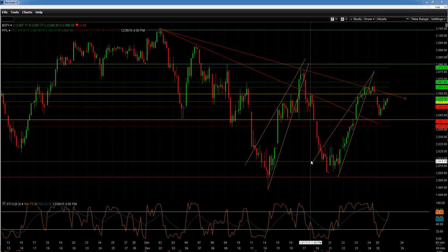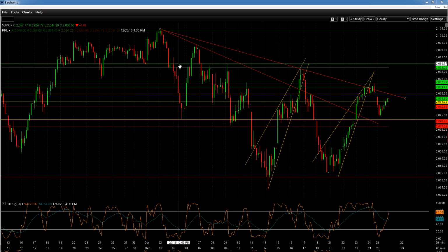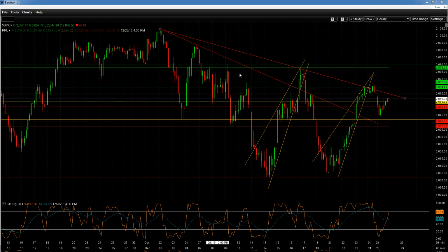So first we're going to talk about the setup. The way you set it up is, when you put the chart up there, you just get the plain chart, just the candles, all these candles.